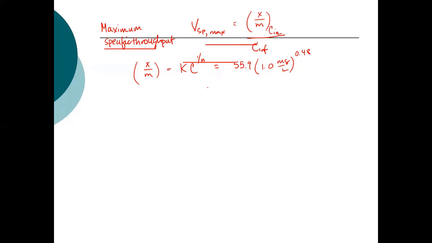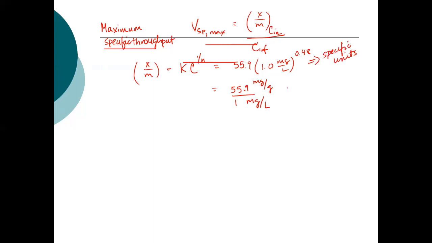And this is equal to 55.9 milligrams per gram, divided by 1 milligram per liter. So one needs to know, they need to specify the unit.